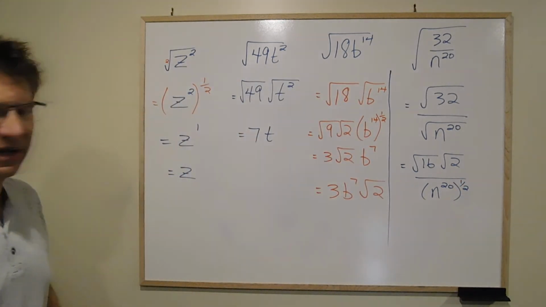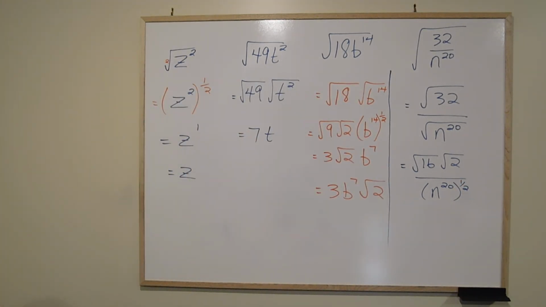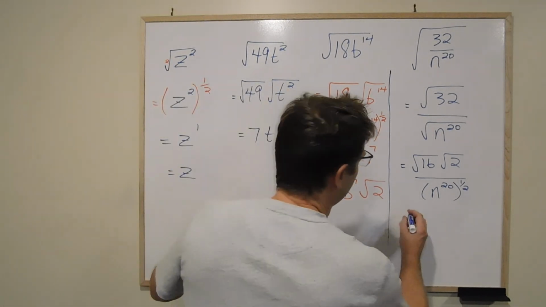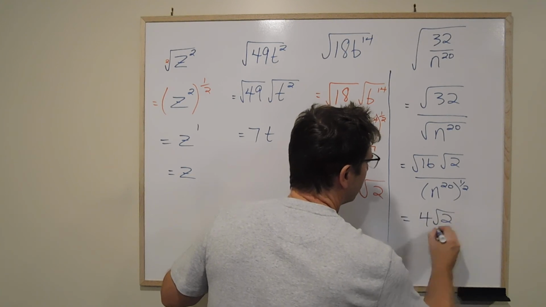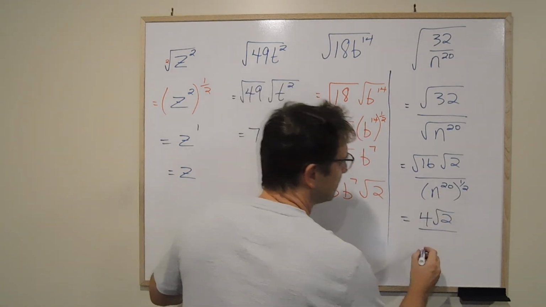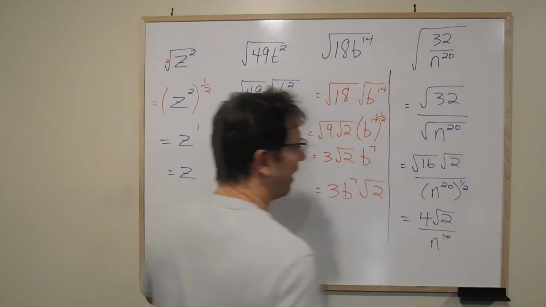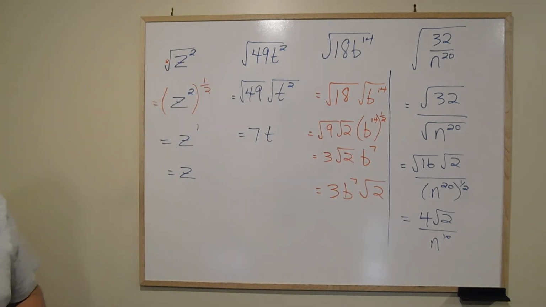I'll just give you a second to have a look at that. Okay, n to the 20 to the 1/2. All right, so now I can say this is a 4 root 2. 20 times 1/2 is 10, over n to the 10. 4 root 2 over n to the 10.